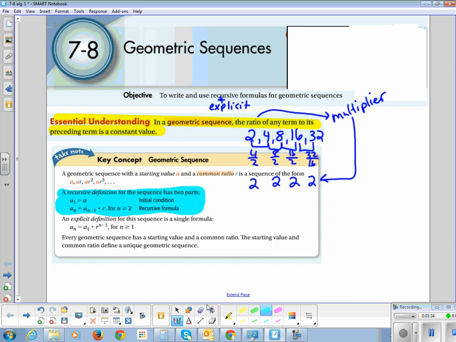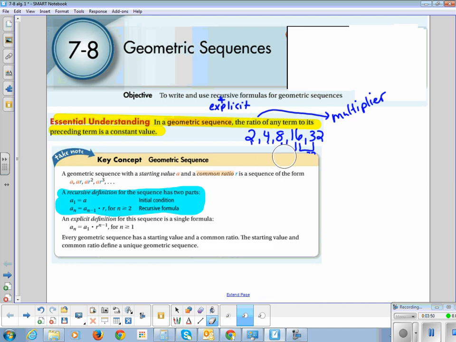So they have this little wonky subscript formula where you have to list your first item and then how you go from term to term. So in this case, in our 2, 4, 8, 16, 32, what is our first term? It's listed. 2.